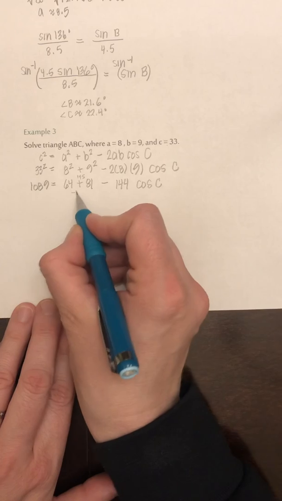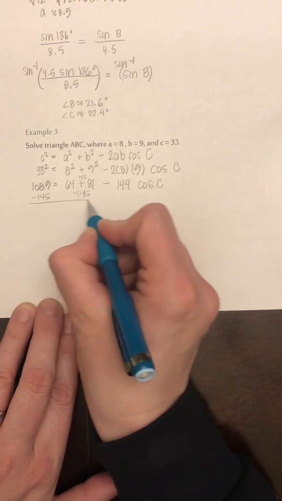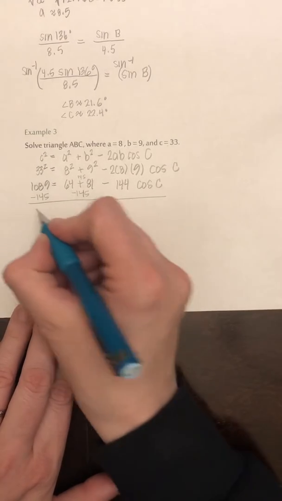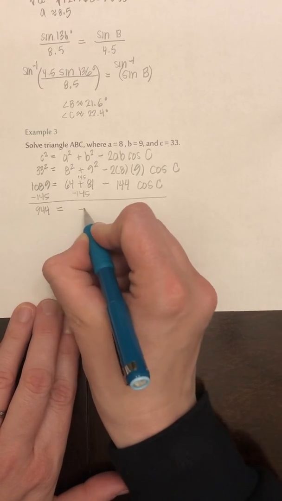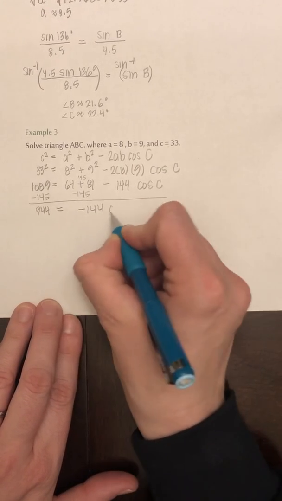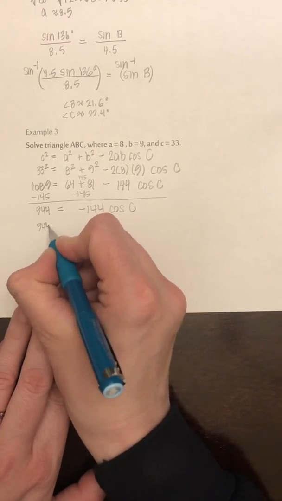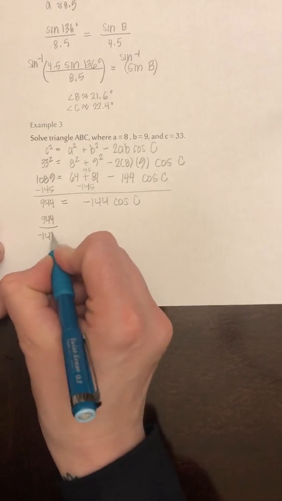So I'm going to subtract that 145 from each side. So 1089 minus 145 is going to leave us with 944 equals negative 144 times cosine of C. And then we're going to divide each side by negative 144.